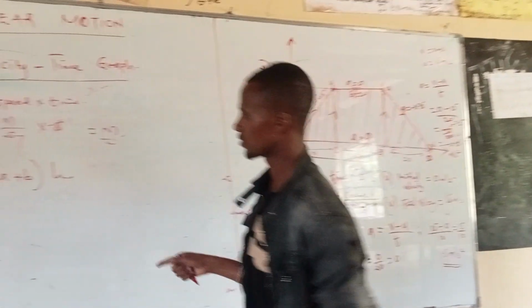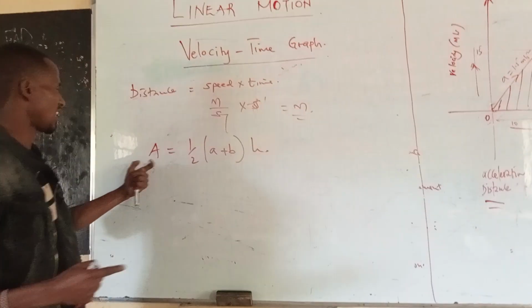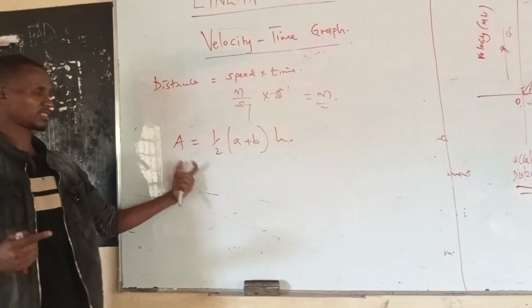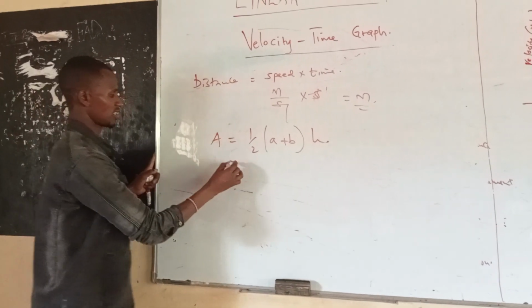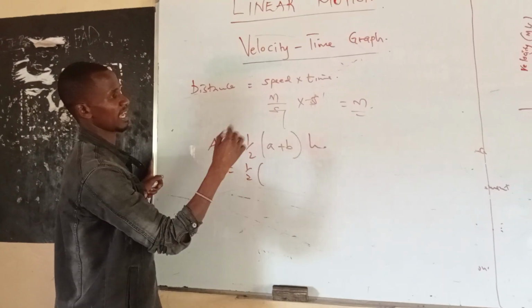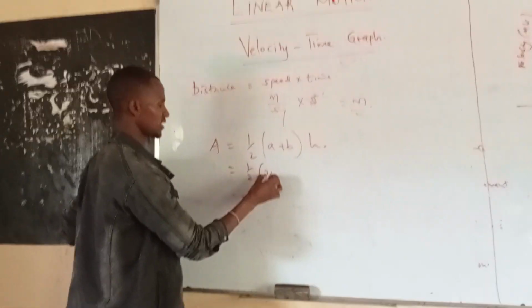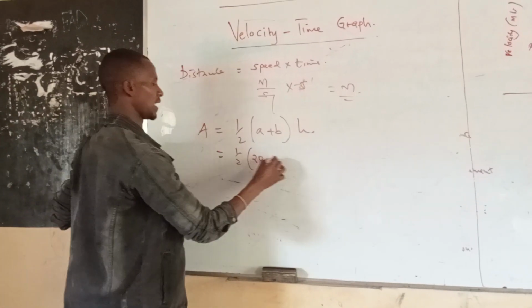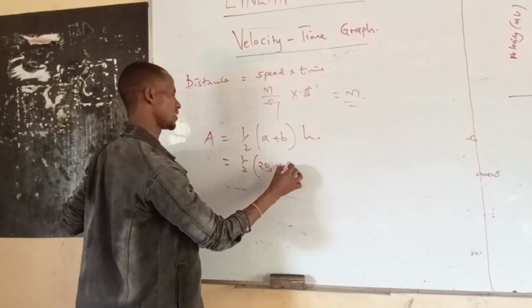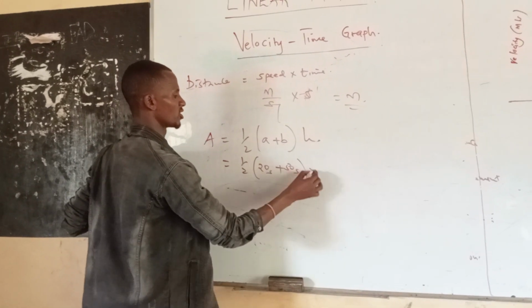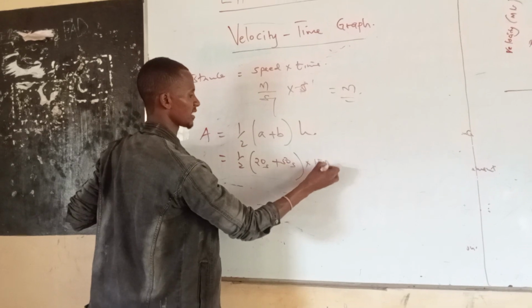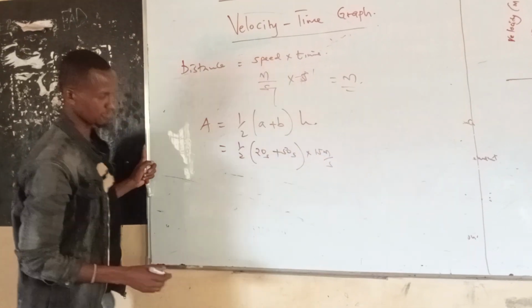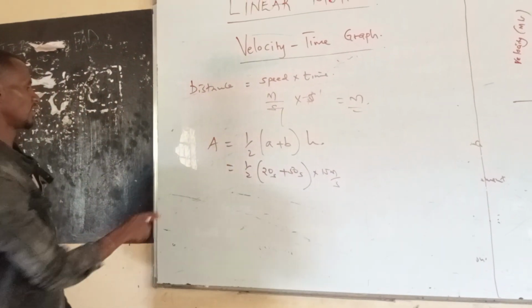So to get the area of the region under the graph, it is a half multiplied by a, which is 20 seconds, plus b, which is 50 seconds, multiplied by the height, which is 15 meters per second.